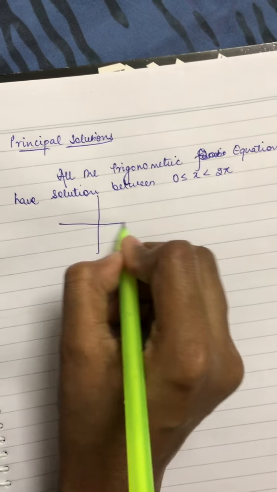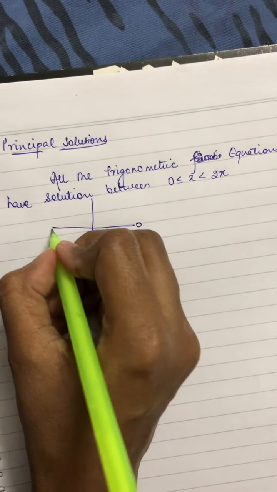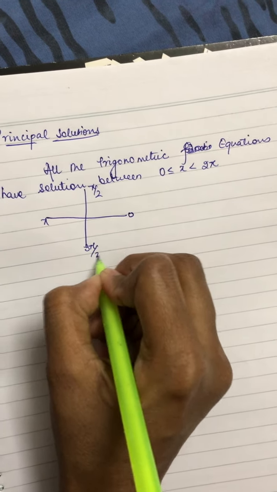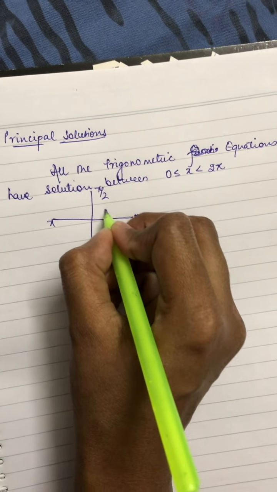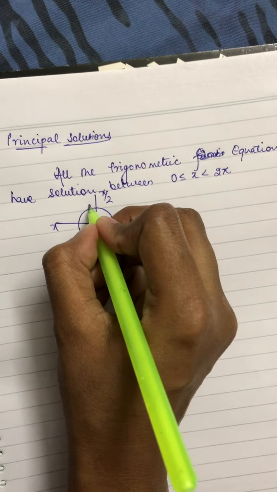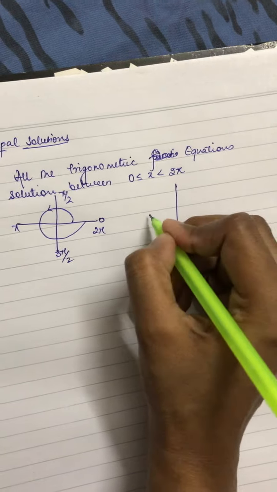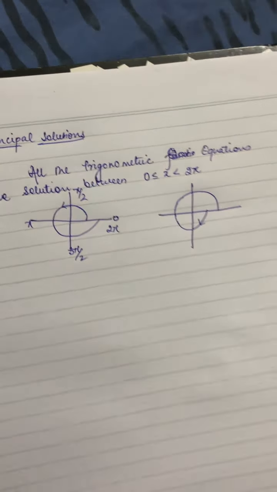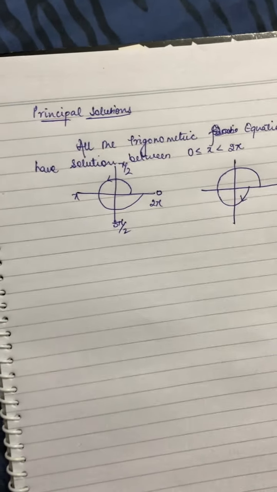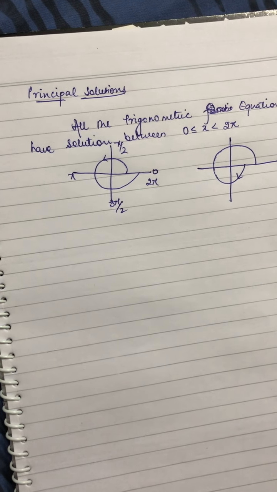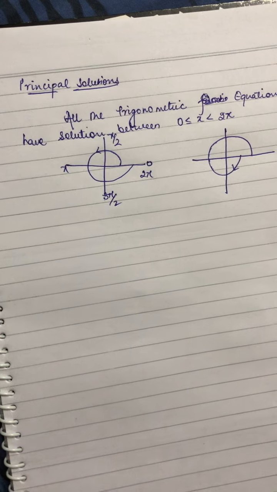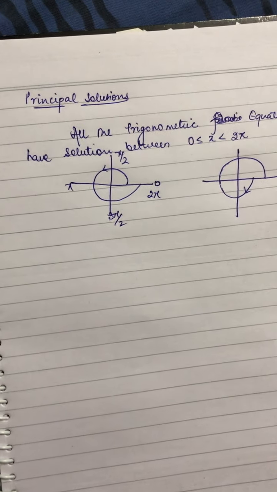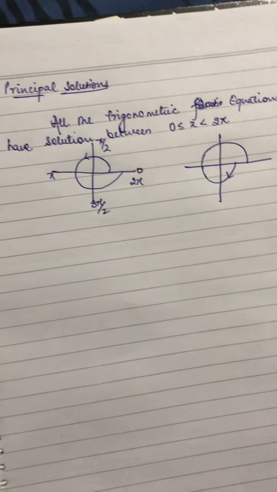That means it takes only the values within one complete revolution, either in the clockwise or the anti-clockwise direction. So all the trigonometric functions will have two values in the principal solution, whereas in the general solution we can take n number of revolutions.